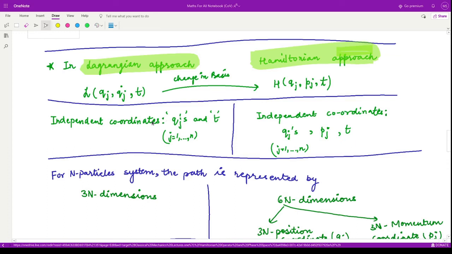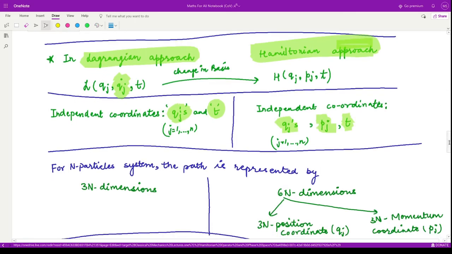In the Lagrangian case the independent coordinates were only Qj's and time, because Qj dot depends on Qj's. In the Hamiltonian case the independent coordinates are Qj's, Pj's and time. So all of these are independent coordinates.